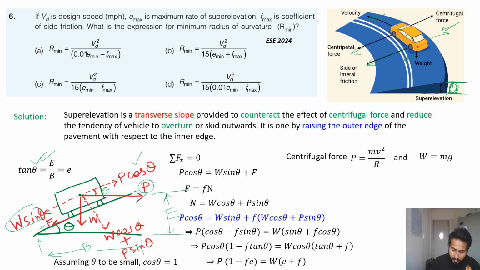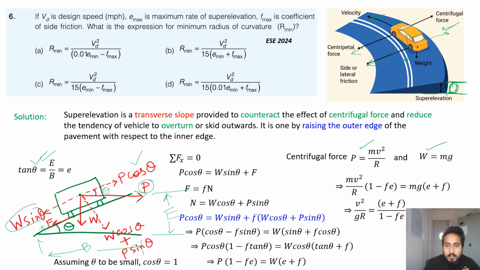So we put these in the equation: mv square by r into 1 minus fe equals mg into e plus f. If you cancel the m, we get v square by gr equals e plus f by 1 minus fe.